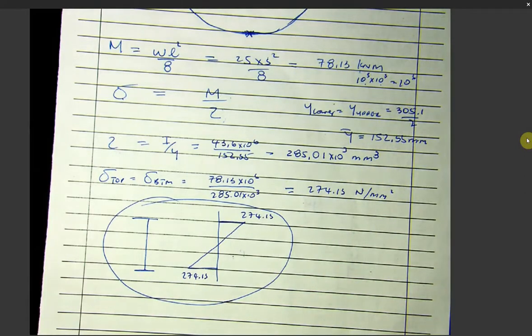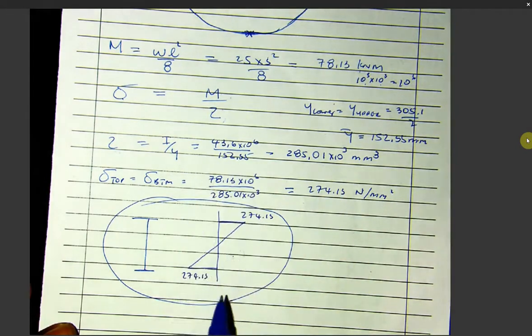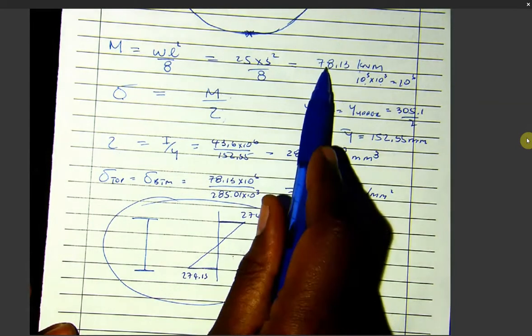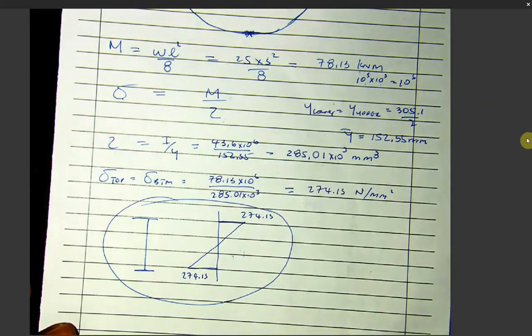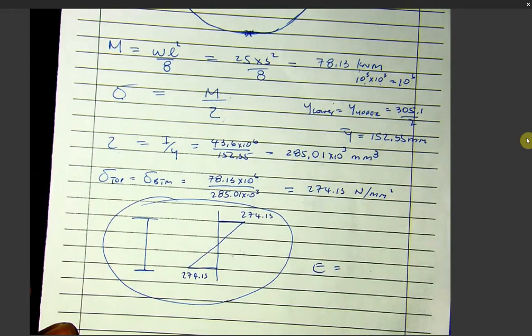I was saying to you earlier on, sometimes you will be asked to calculate something else. For example, you've got the stress and the applied moment. I can further say calculate the radius of curvature. So I must give you E for this section.